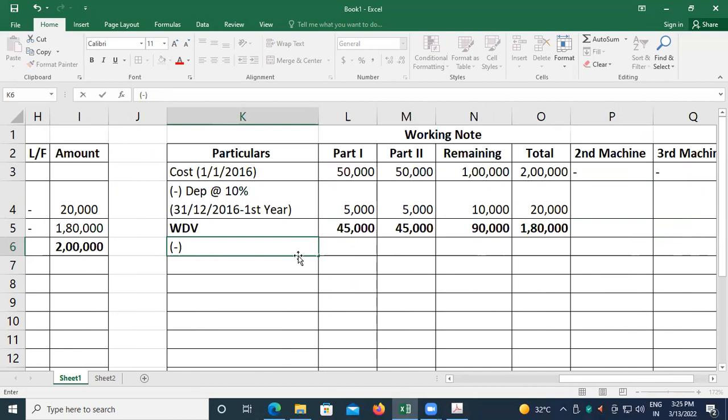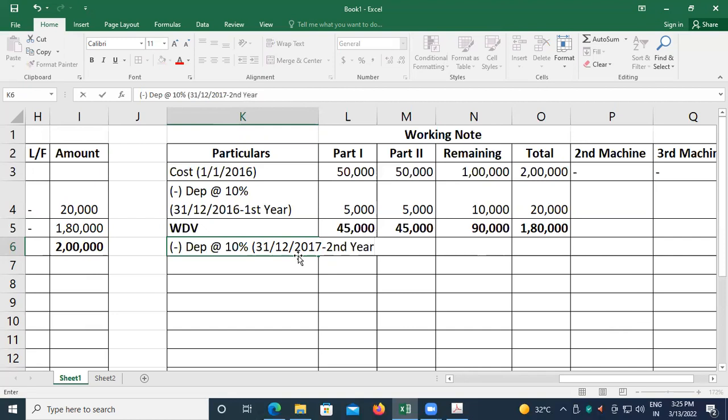We are going to charge the depreciation once again at the rate of how much percent? If you look at the question, they have given the rate of 10%. And remember, this 10% will be for now 31st of December. Let us write down here 31st of December 2017, and this is my 2nd year of depreciation.